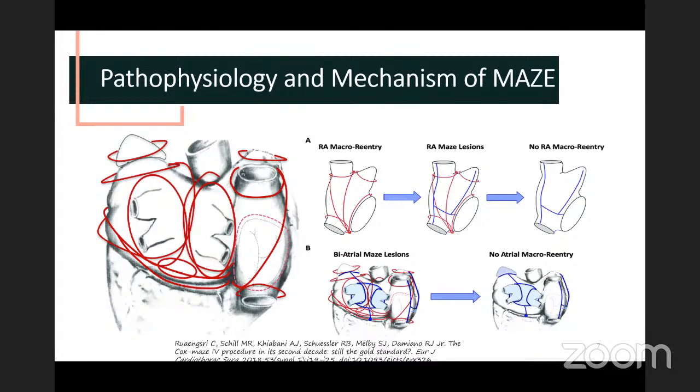So basically, you can see the lesions produced by the Maze procedure in the blue lines have been described to break all these lines of macro re-entry circuits. By this, you restore the normal sinus rhythm.